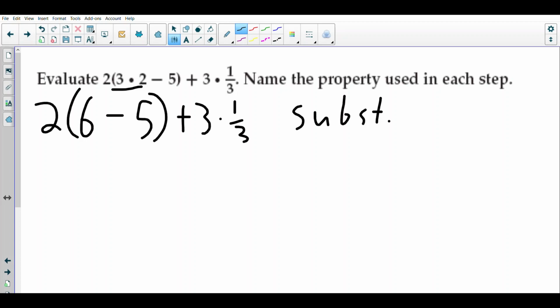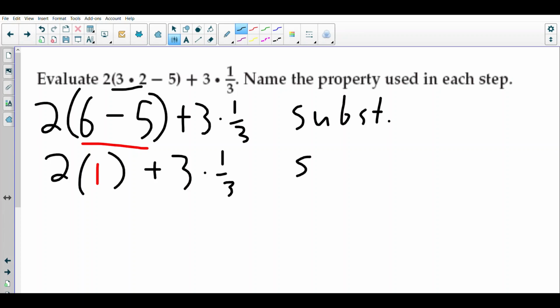Next one, we're going to stay inside the parentheses. 6 minus 5. So we have 2 times 1 plus 3 times 1/3. So again, what we did was we took 6 minus 5 out and we put 1 in. So again, we simply substituted.